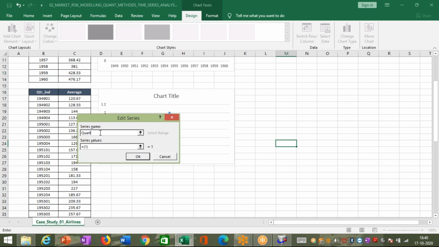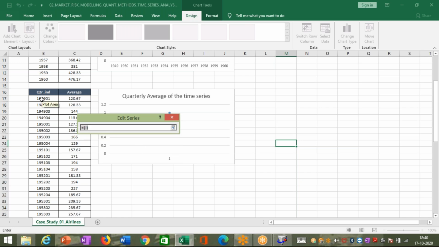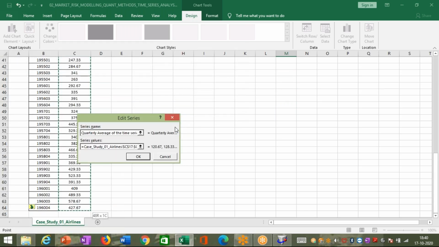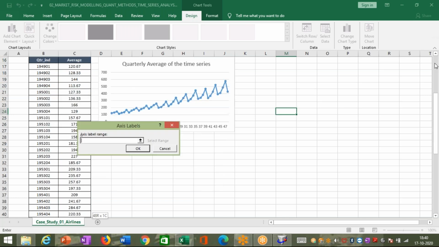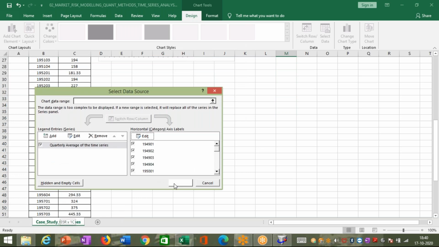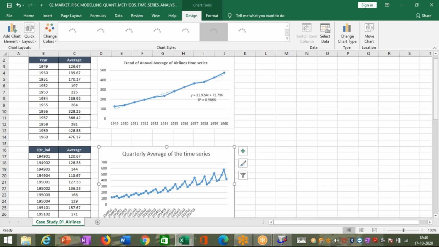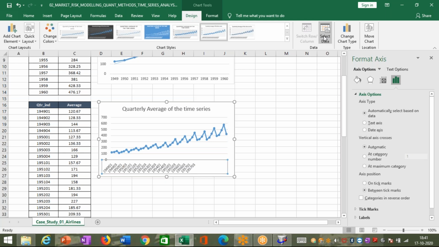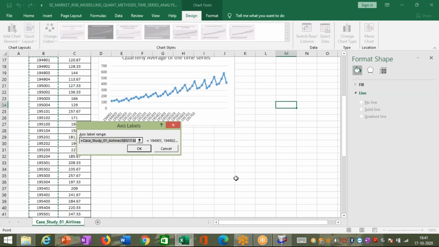This is the quarterly average of the time series. So let us, we have a loop over here.